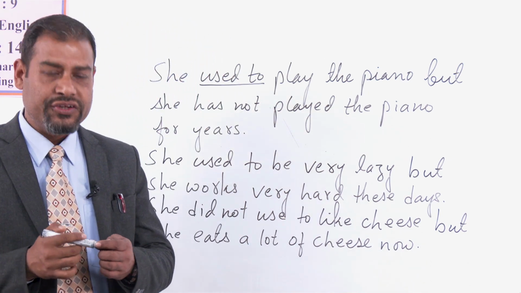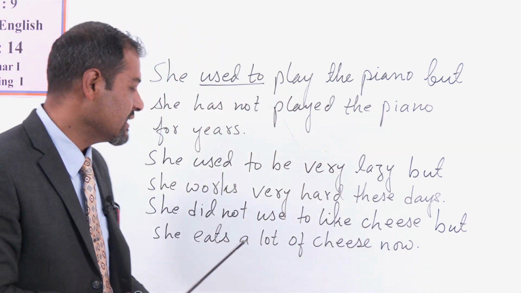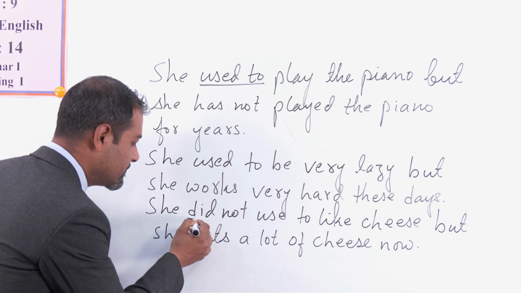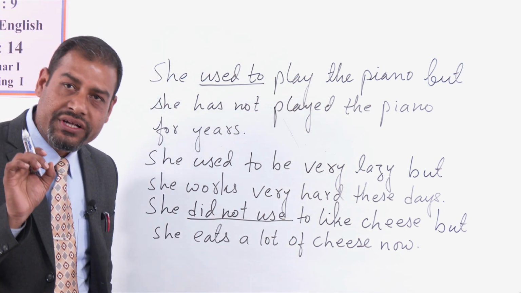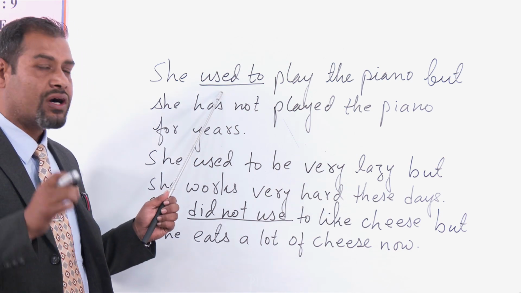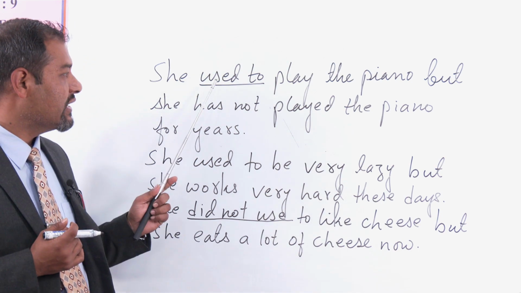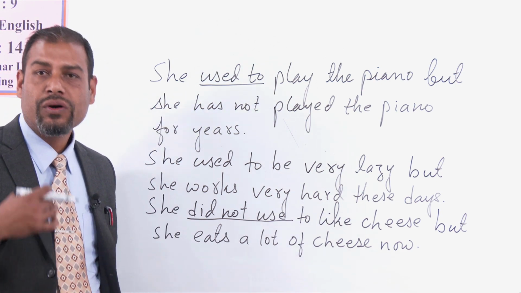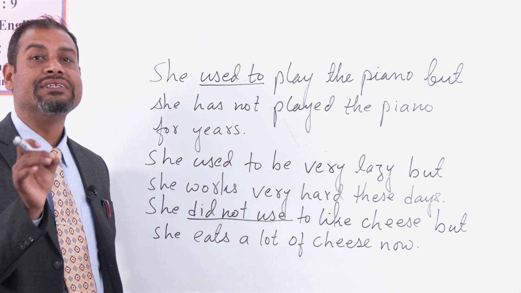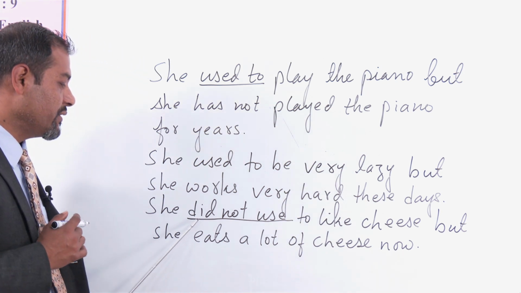Now here you have to be careful about this negative use of, let's say, used to. Dear students, if we write used to for performing any activity, we have to write down U-S-E-D, used to, okay? But when we want to write for the activity that we did not do in the past, you should be very careful.